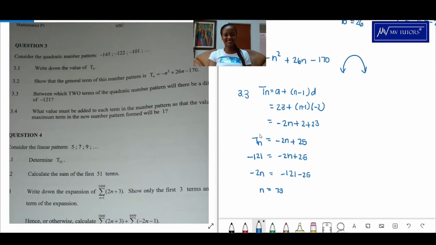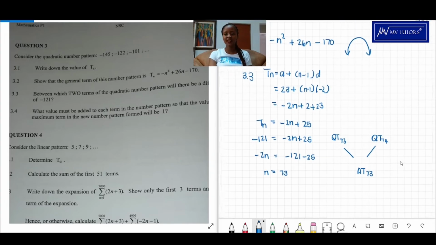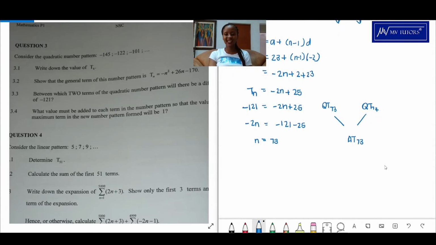Now, if I look at my arithmetic sequence, term 73 will be lodged in between term 73 and term 74. If you want to check that, for those who want to go to the next question, please feel free, but for those who love checking, let's check it.